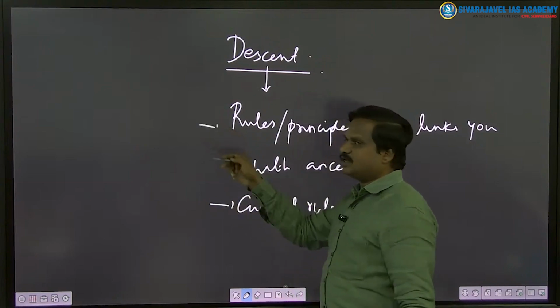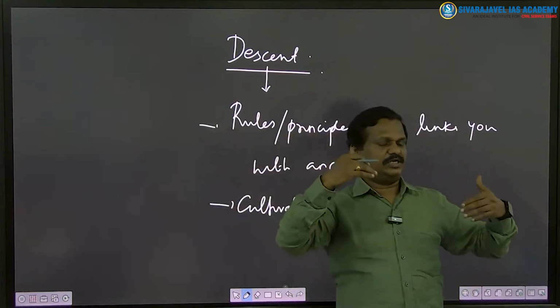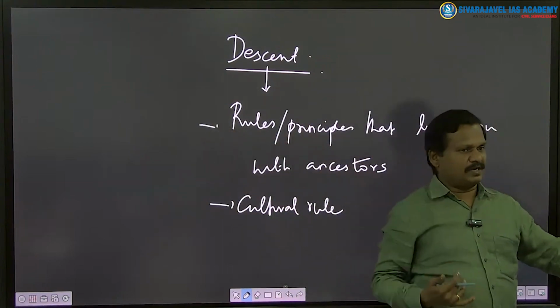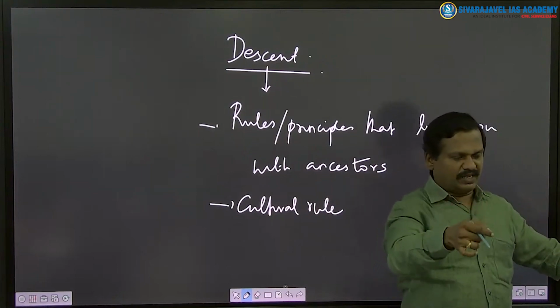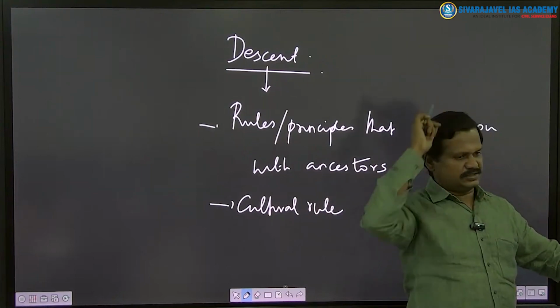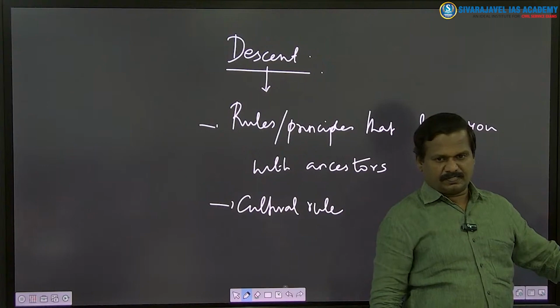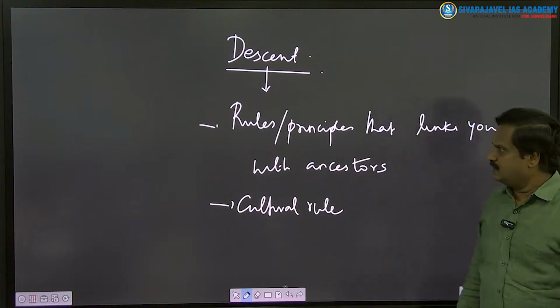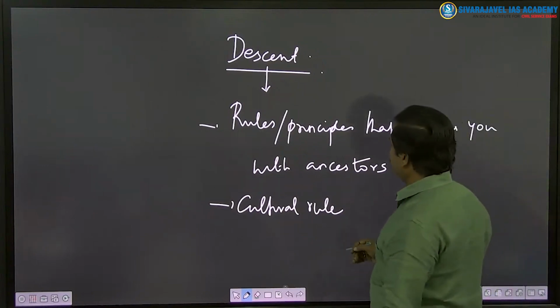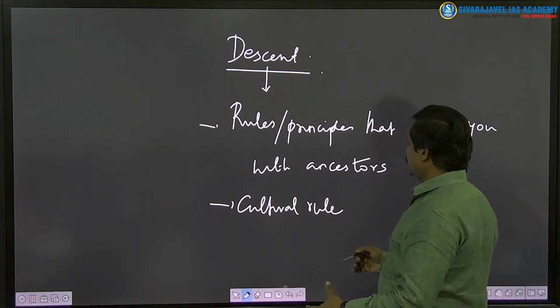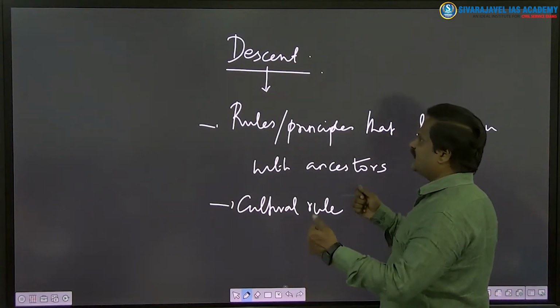You will trace your ancestry based on a particular rule available in that culture. So descent refers to the relation you have with your ancestors.